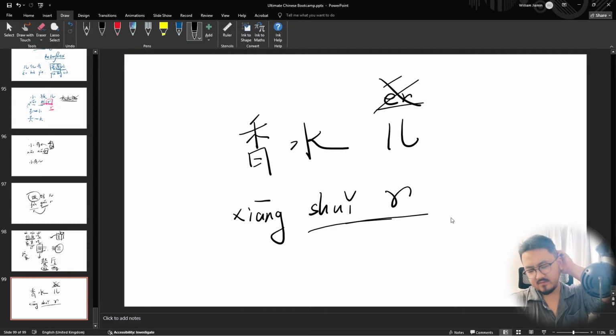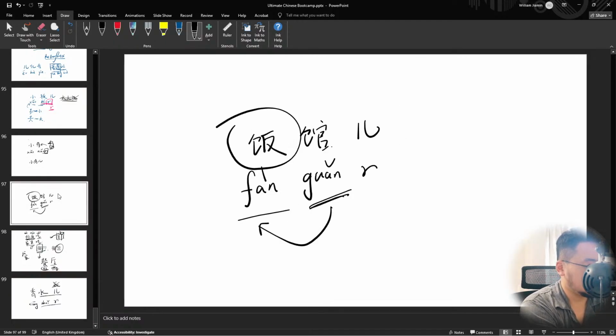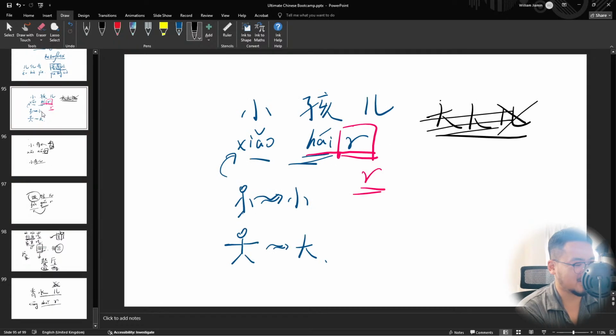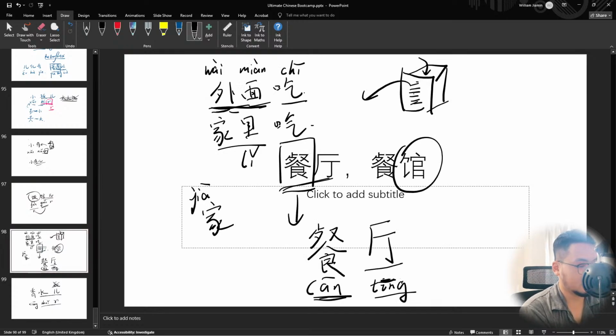The pronunciation has a little bit of nuance. You do not read out loud each of the characters, but rather you just combine the last two. 香水儿, 餐馆儿, 小鸟儿, 小孩儿, 饭馆儿.